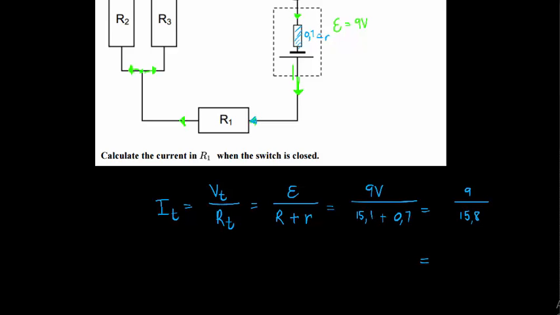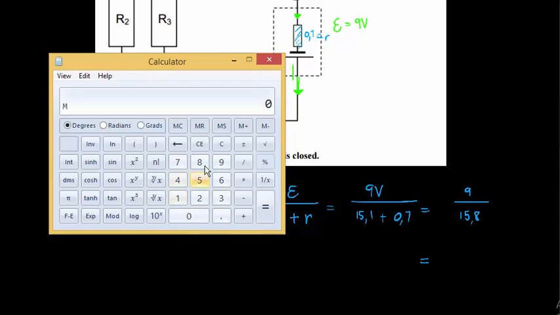The final answer of 9 divided by 15.8 is 0.569.